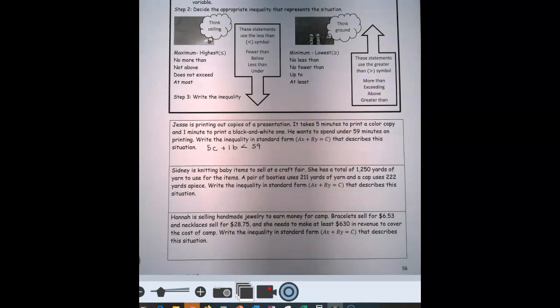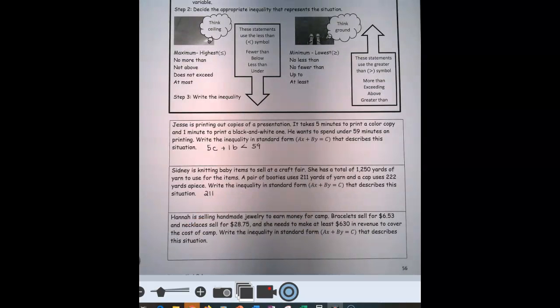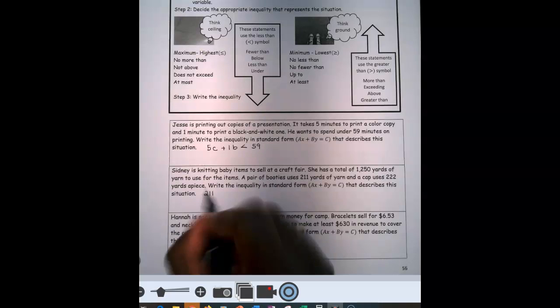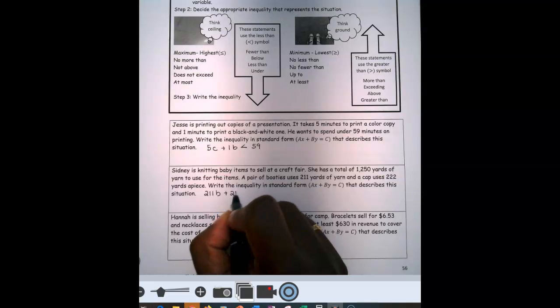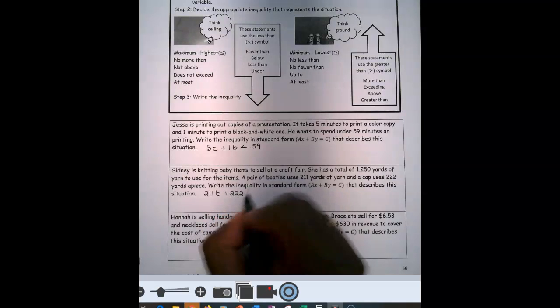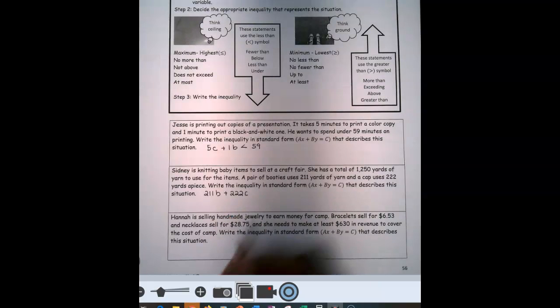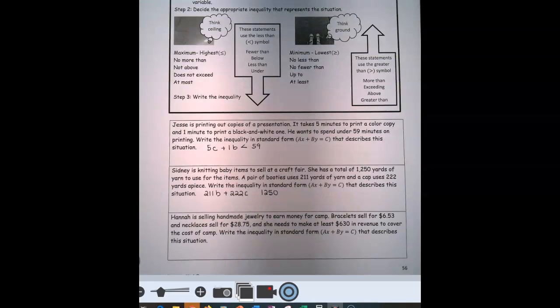So what we know is that she's doing booties and caps. It's 211 yards of yarn for a pair of booties, and 222 yards of yarn for a cap. But what we also know is that she only has 1,250 yards of yarn.